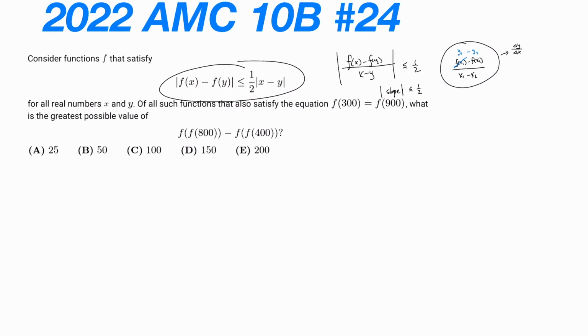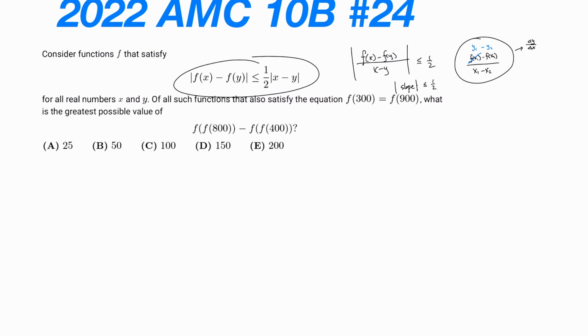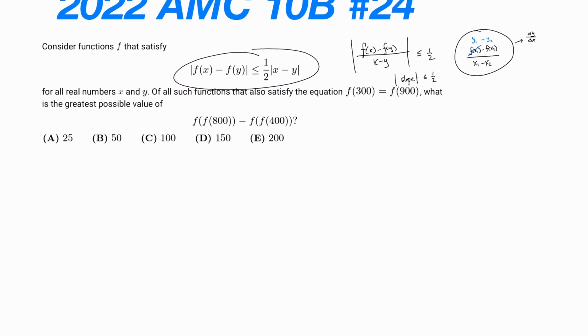This holds for all real numbers x and y, for all such functions that also satisfy f of 300 equals f of 900, and we want the greatest possible value of f of 800 minus f of 400. Cool.